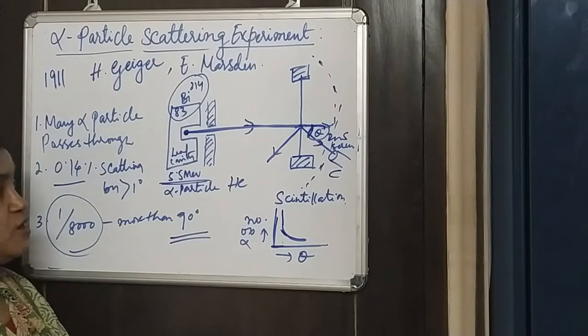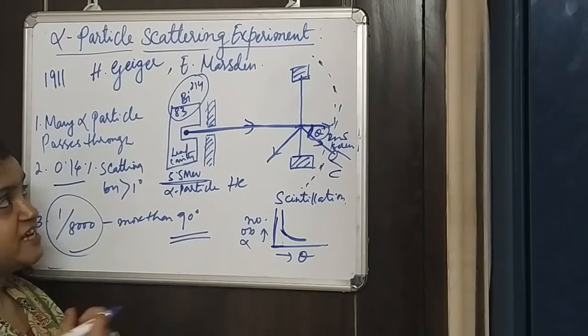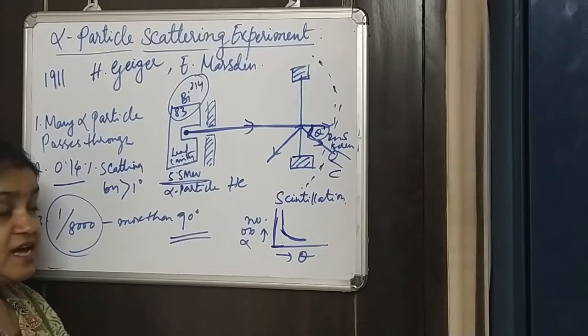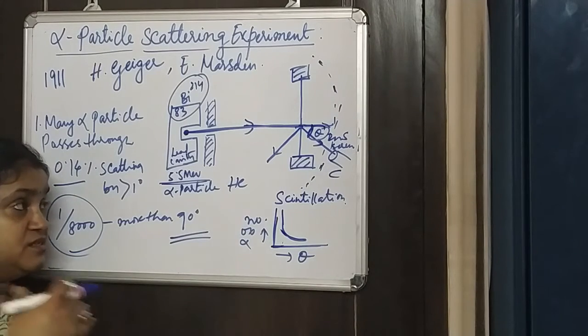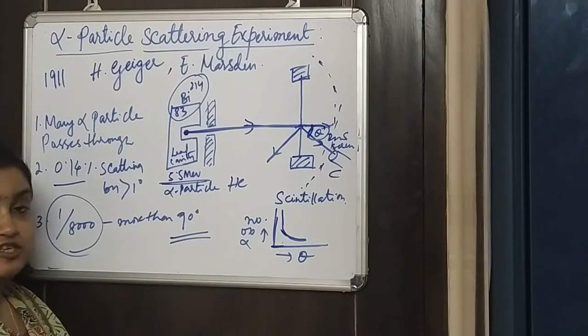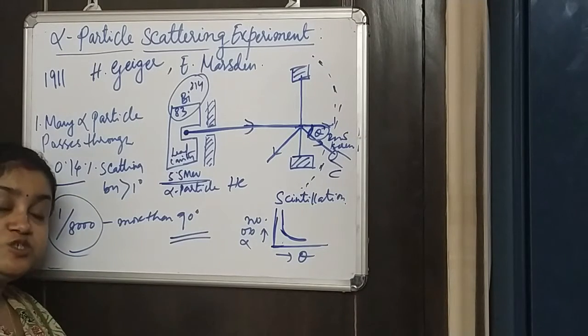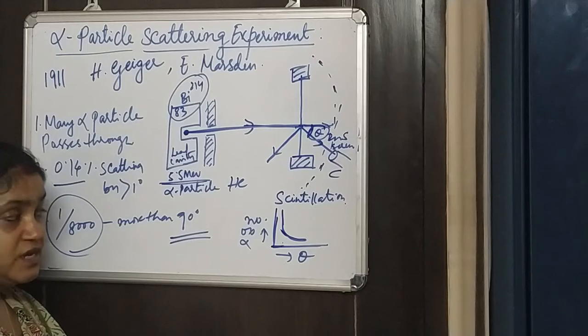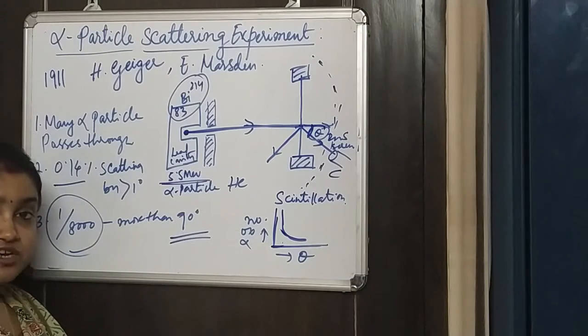So this was the observation and the experiment of the alpha particle, and in the next video we will see what conclusion Rutherford made from this observation, which helped him conceptualize the Rutherford atomic model.